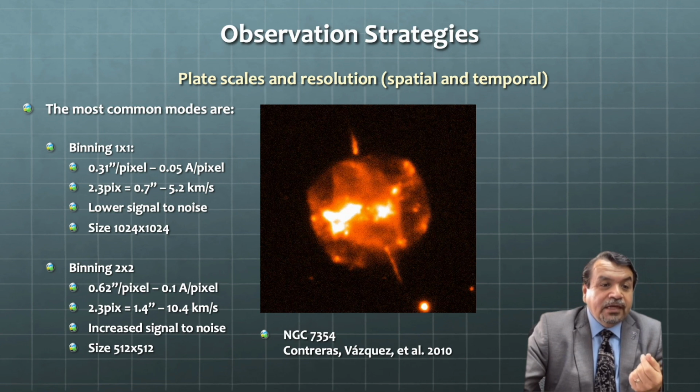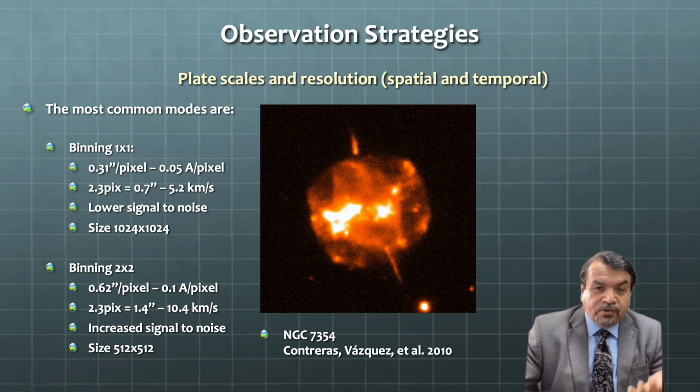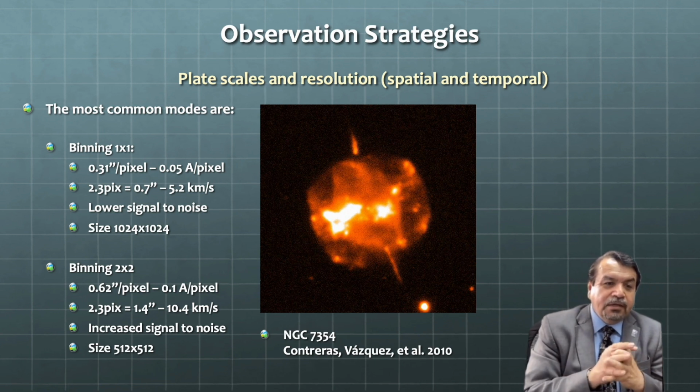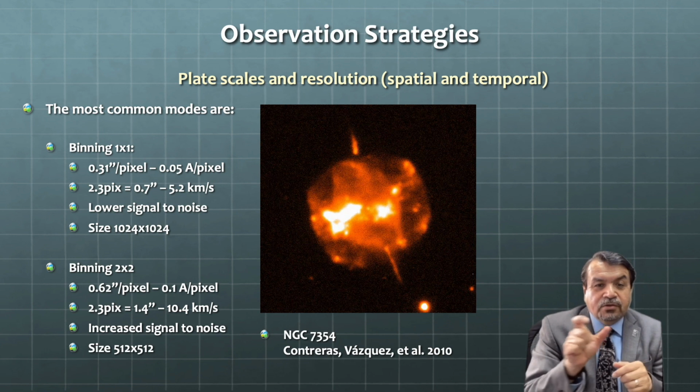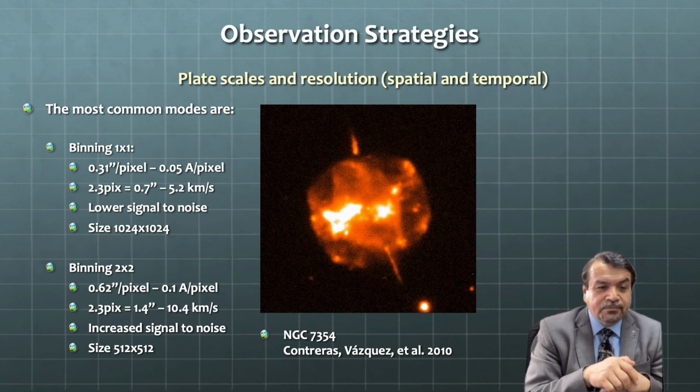So, that would indicate that the minimum Gaussian we could have in the 2x2 is 1.4 arcsec, and the full width at half maximum of the spectral lines would be approximately 10 kilometers per second.